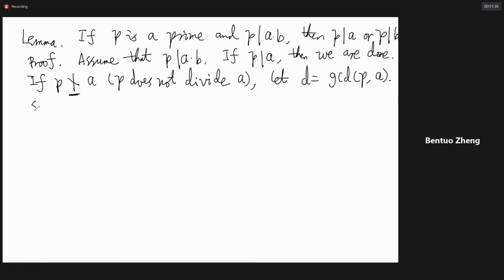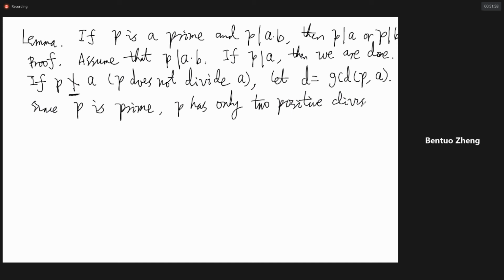So since P is prime, P has only 2 positive divisors, 1 and P. Because D is a greatest common divisor of P and A, in particular D is a divisor of P. So there are only 2 possibilities: D equals 1 or D equals P.